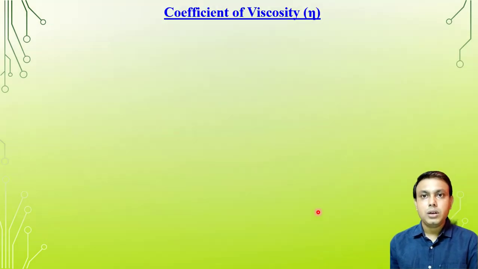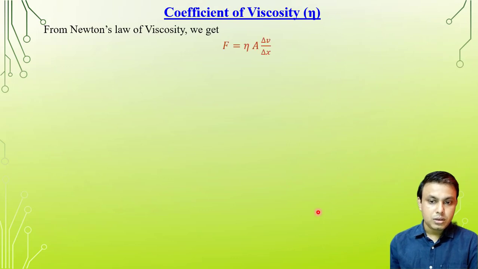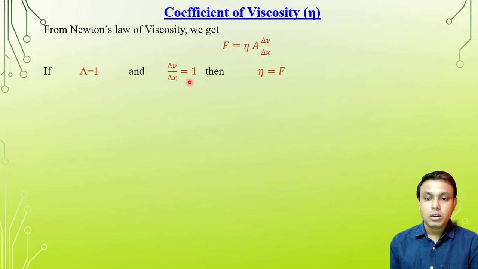Next, I am defining the coefficient of viscosity. From the previous relation, we get F equals eta A delta v by delta x. Now in this relation, if A equals 1 and delta v by delta x equals 1, then we get eta equals F. That means for unit area of contact and unit velocity gradient, the viscous force is equal to the coefficient of viscosity.